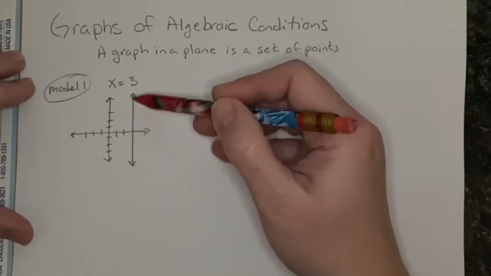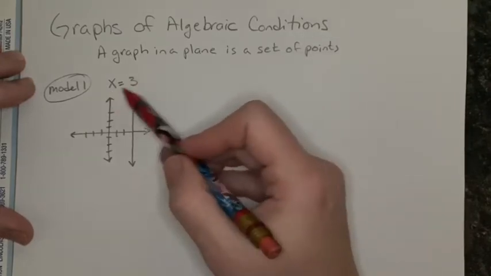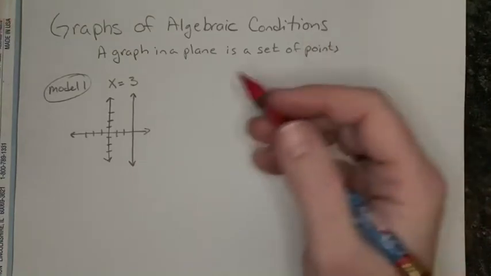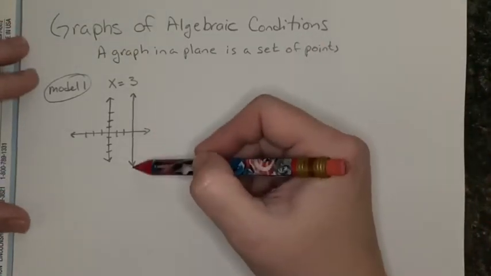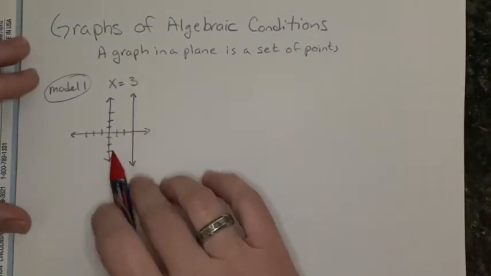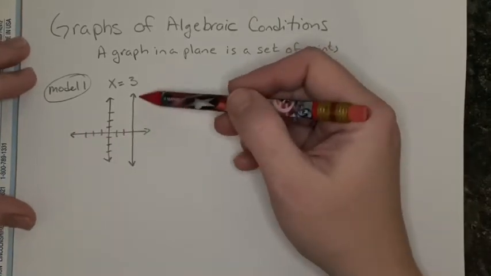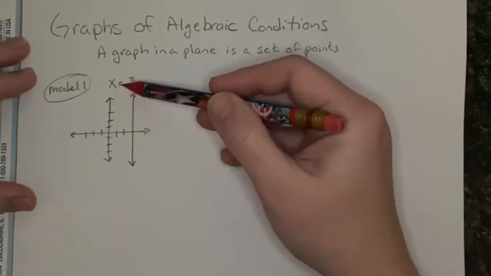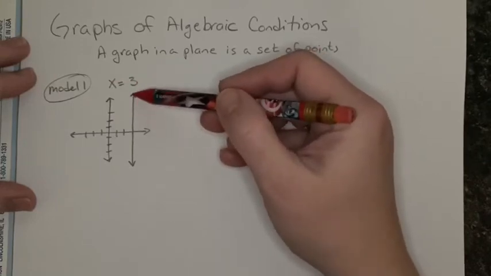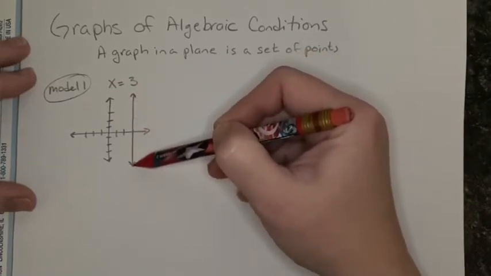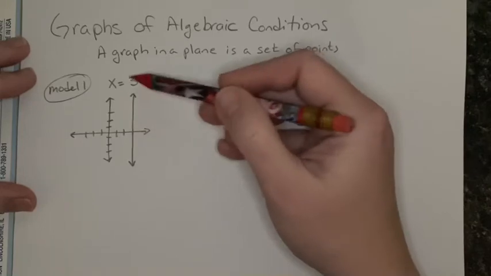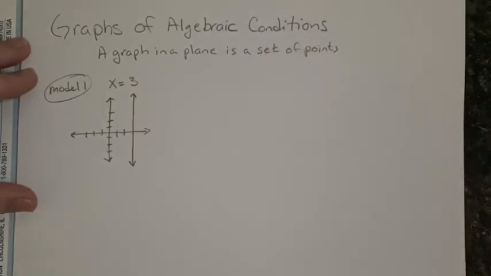So here is our vertical line. When we have x equal to a constant, it's always going to be a vertical line. If we have y equal to a constant, it's going to be a horizontal line. But this is model 1, x equal to a constant. Every point here where x is equal to 3 satisfies that equation.